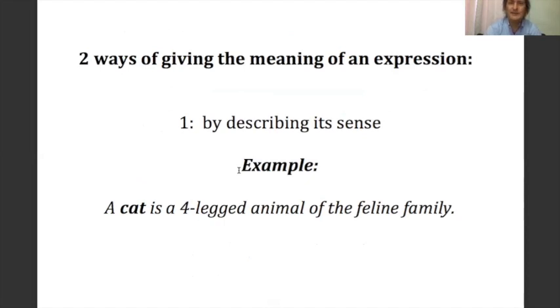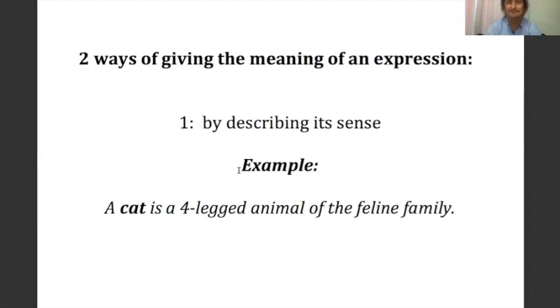And there are going to be limits to how far you can go with these, because when you come to describe what a feline is, it's very hard to think of a way to describe feline without using the word cat. Feline, the family of cats, including, and you list all the different kinds of cats.